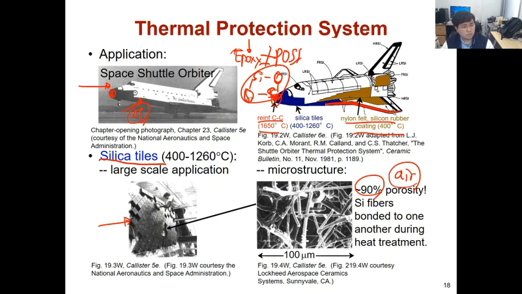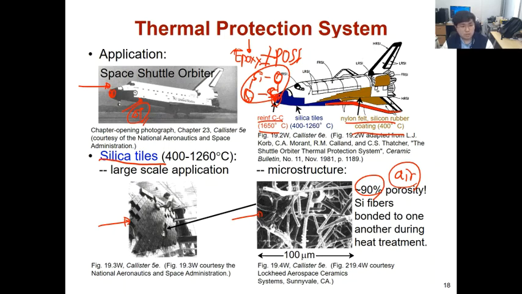We can increase the thermal resistivity characteristics, but due to the large pores, we lose the mechanical strength. So there are some pros and cons in designing this kind of solid material.